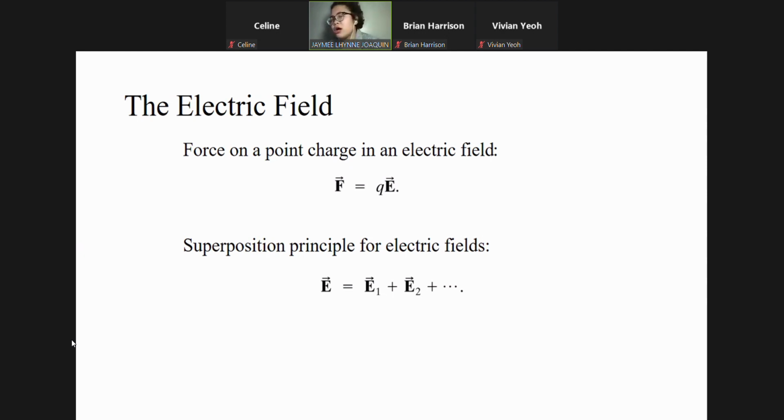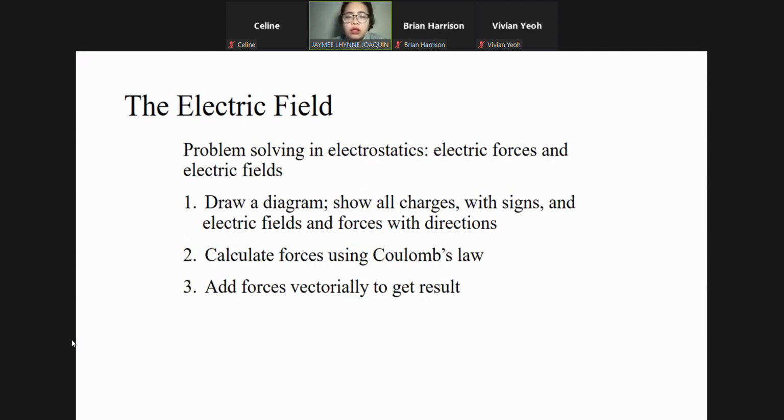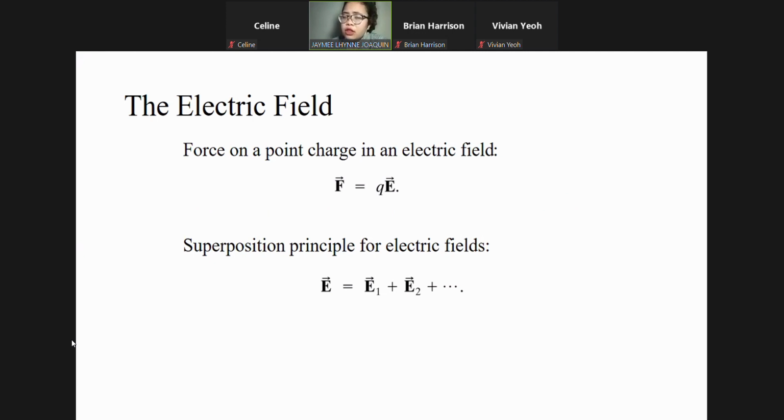So E1 plus E2 plus E3, and so on and so forth, depending on how many electric fields are involved in the process. And one thing that you need to be careful of in solving problems with regards to Coulomb's law are the following.